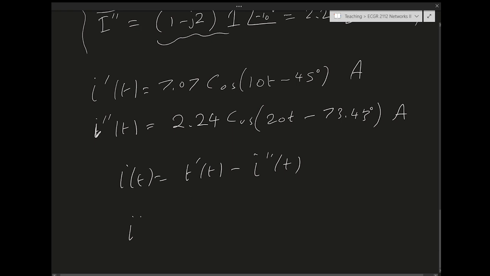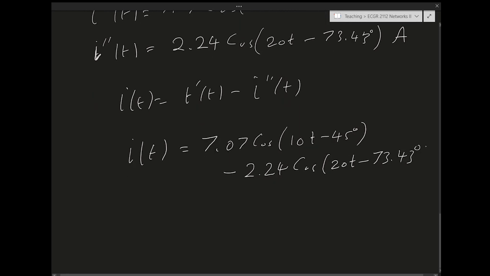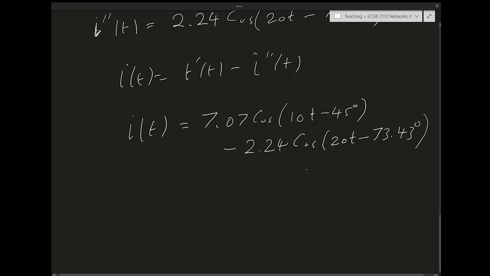So the total current is going to be 7.07 cosine 10t minus 45 degrees minus 2.24 cosine 20t minus 73.43 degrees. Yeah, and that's this example.